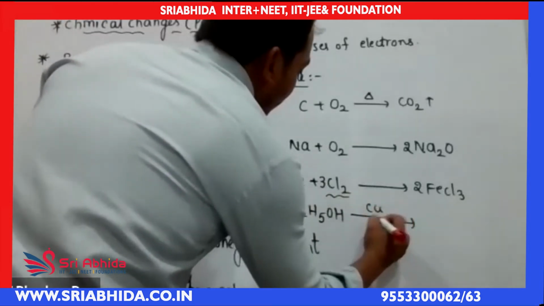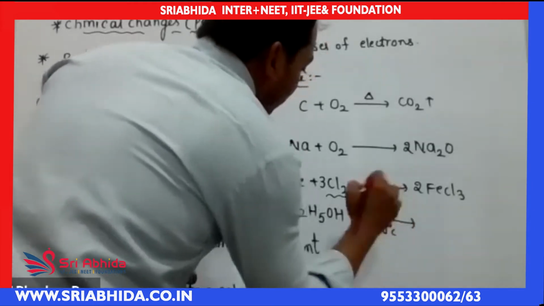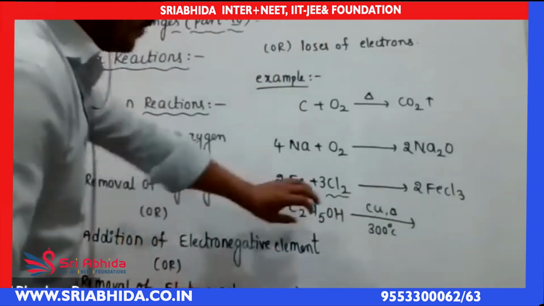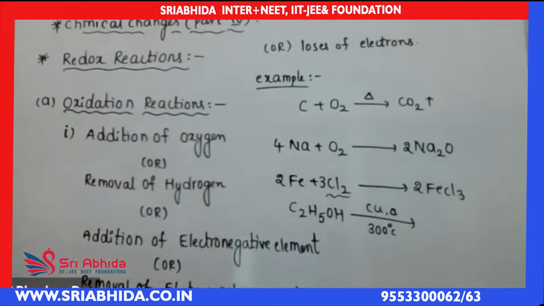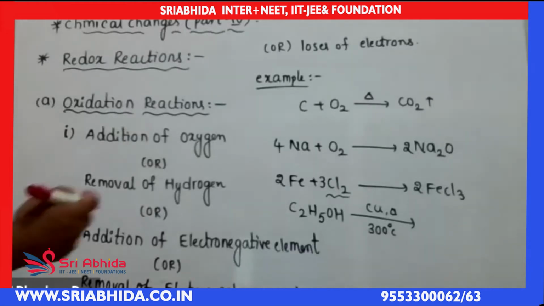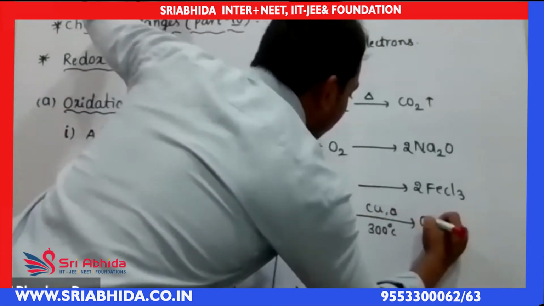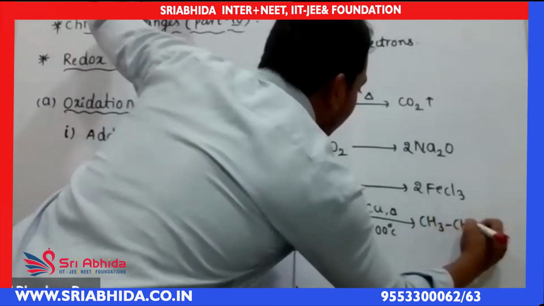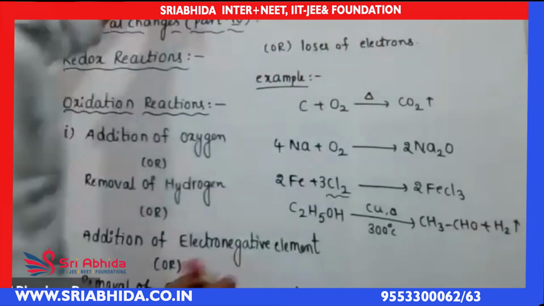In the presence of copper and heat at 300 degrees centigrade, under this condition only, it removes a hydrogen molecule. Ethyl alcohol loses the hydrogen molecule from that group. It is converted into CH3CHO plus hydrogen gas.